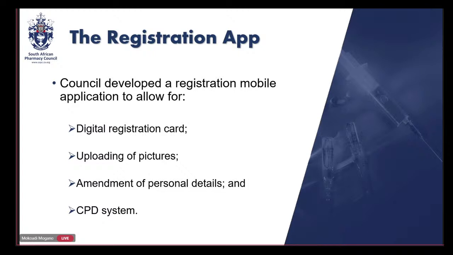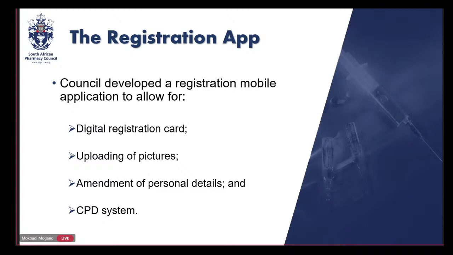All right. You are able also to amend your personal details on the app, and also upload that photo. You can upload your physical address and so forth. Obviously, you cannot change your surname, because you would need to submit an application to change your surname.